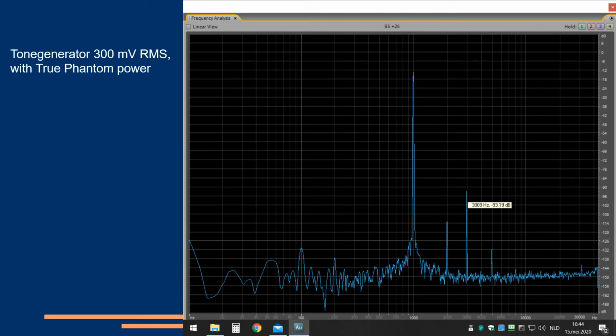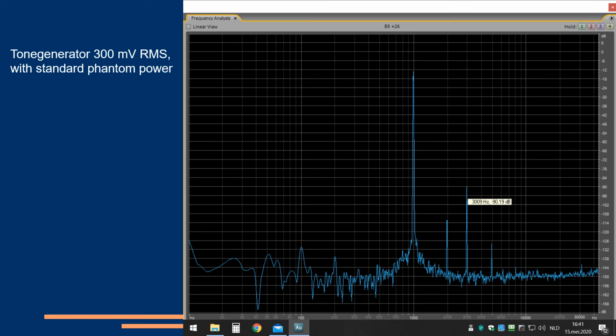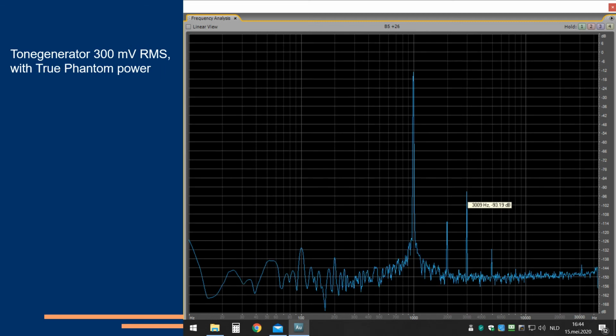With the true phantom, there is a significant reduction of third and fifth harmonic distortions. Once more, the differences between the standard and the true phantom. This is 300 millivolts with the standard. This is with the true phantom, a significant reduction of distortion products.